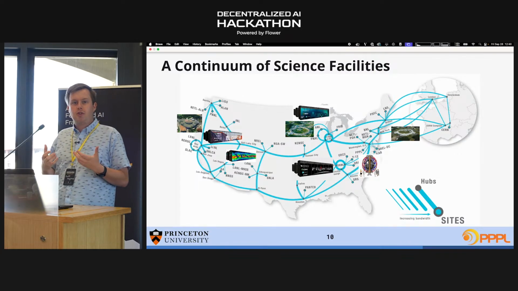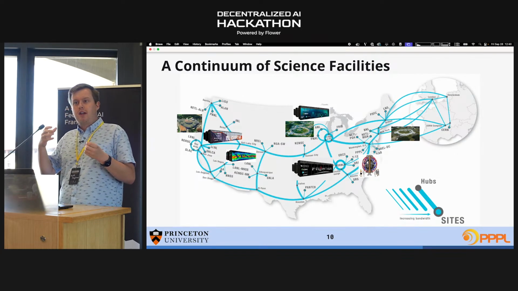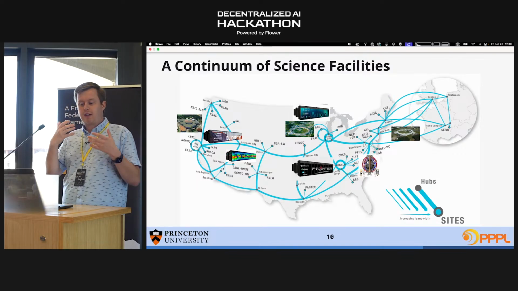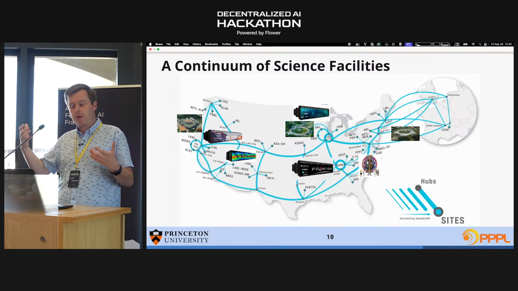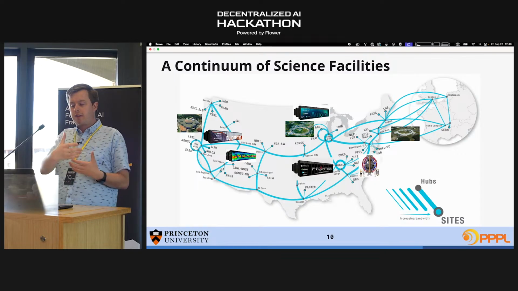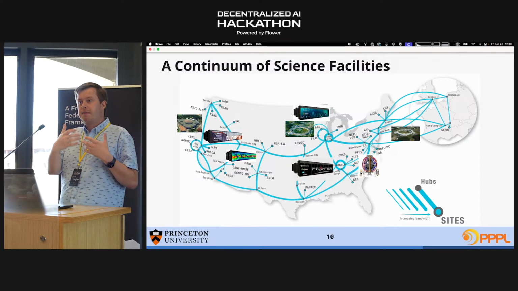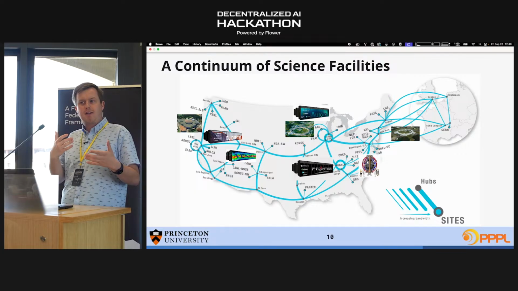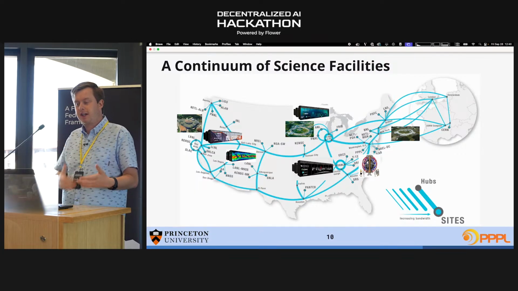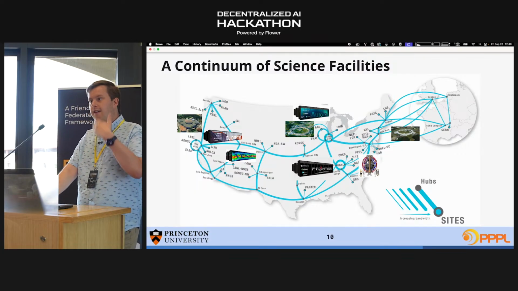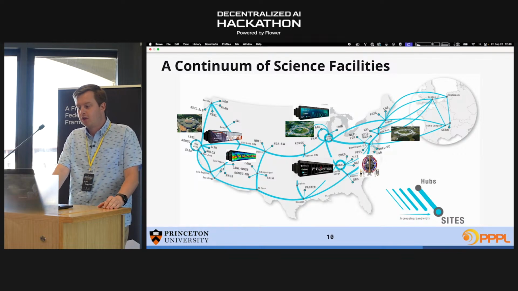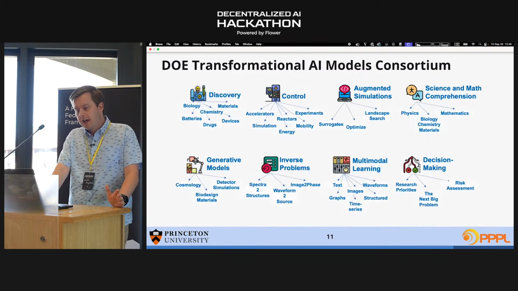So what we really hope to do is leverage both the compute resources and this high bandwidth network to pair those with the different science user facilities that might not be right next to each other, physically speaking. And so we think FL and this disaggregated machine learning is the perfect way to do this.